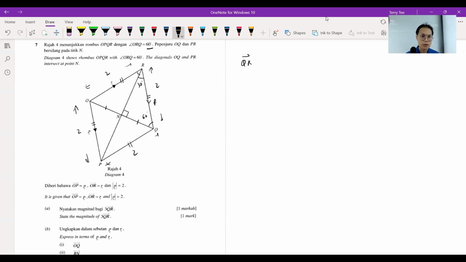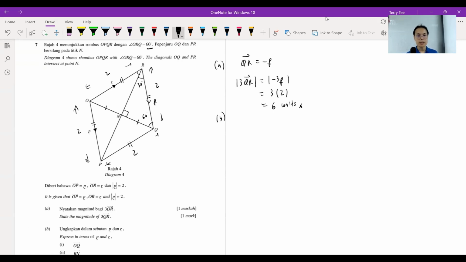QR is negative P. But when you are finding magnitude, it doesn't matter whether it's positive or negative. Yeah, we just take the length. So it's magnitude of -3P. So magnitude is always positive. Magnitude of P is 2. Answer 6 unit. Right? Very simple.